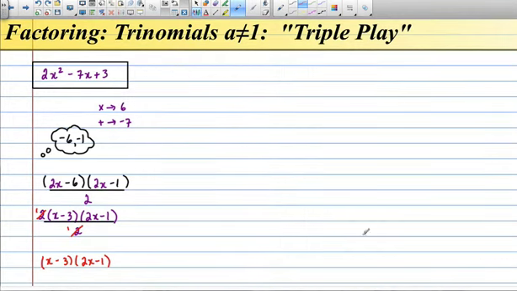Let's review. So we start with a trinomial. We need to multiply to give us 6. We need to find two magic numbers that multiply to give us 6 and combine to give a negative 7. Once you find them, set up brackets.